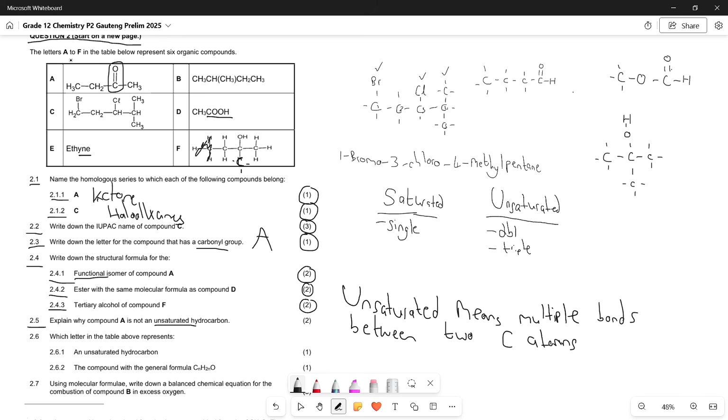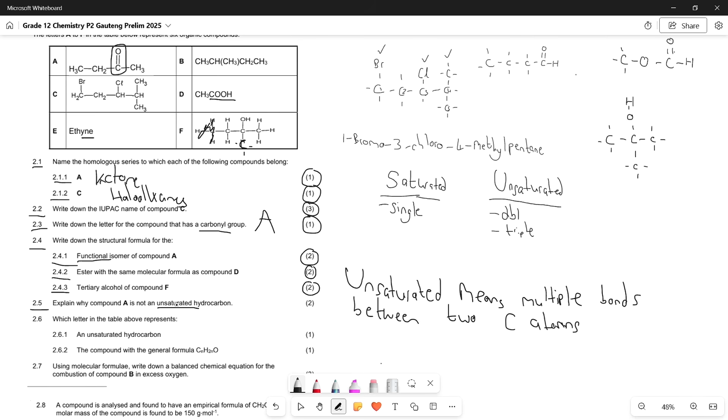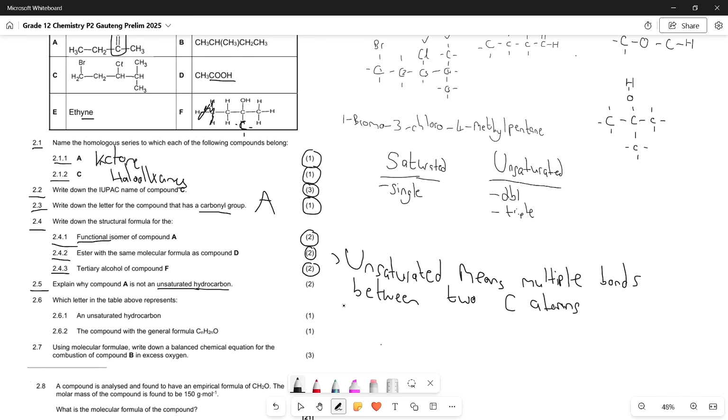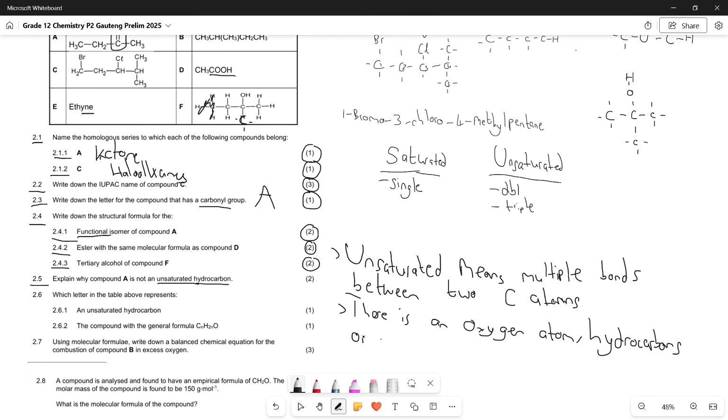And we can see that there are no double bonds or triple bonds between the C's specifically. That mentioned the unsaturated portion, but the hydrocarbon portion, hydrocarbons only have C's and H's. This has an O attached to the C, and therefore it cannot be a hydrocarbon either. So we can also write there is an oxygen atom, and hydrocarbons only have C's and H's.